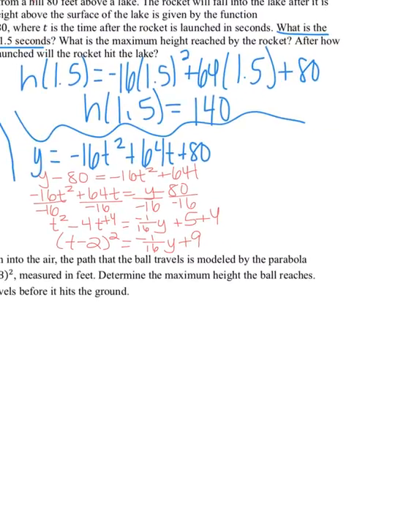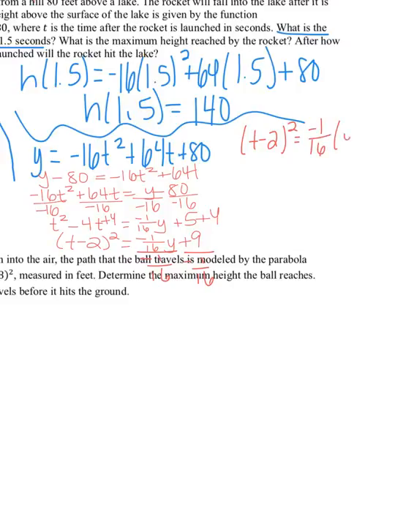So now for this, though, I need to pull out the a value. I need to pull out the 4p value. So I'm going to divide by negative 1 over 16 on both of these. So that gives me now t minus 2 squared equals that negative 1 over 16 comes out as the 4p value.